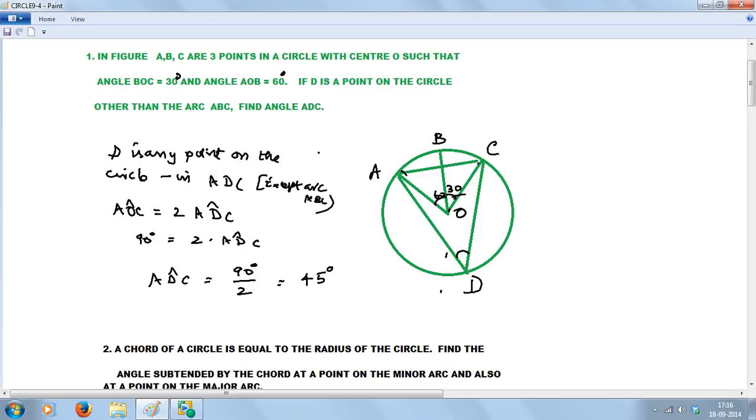By the way, this point D can be here also, anywhere. The angle subtended by AC at any point is the same, half of angle AOC. So the point D can be here or here, at any point it's 45 degrees.